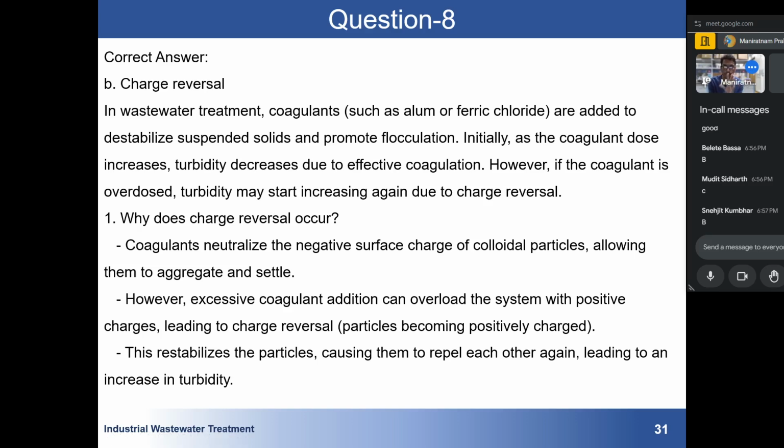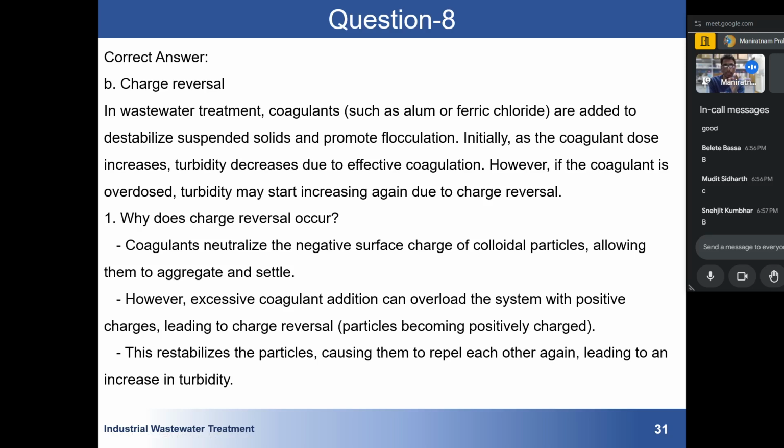Sorry, I explained it in the opposite way, let me take my words back. Initially, as the coagulant dosage increases, the turbidity decreases due to effective coagulation. All the suspended particles or colloids form larger particles, settle, and the overall turbidity decreases. However, if the coagulant is overdosed, the turbidity may start increasing due to charge reversal.